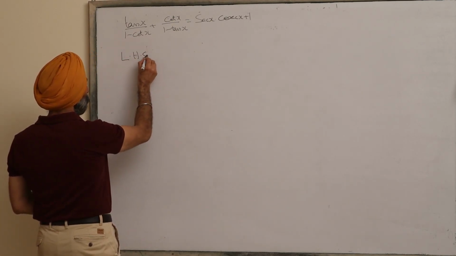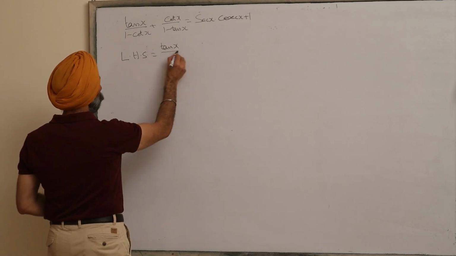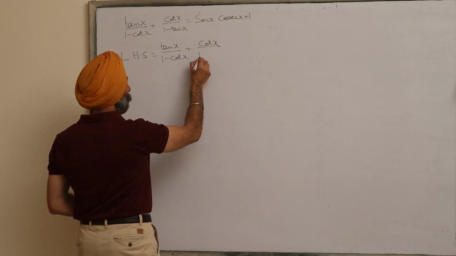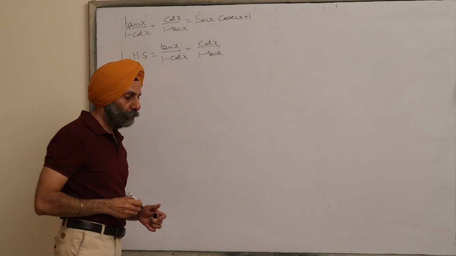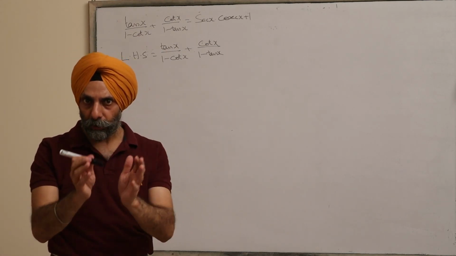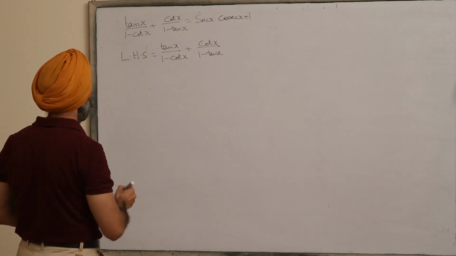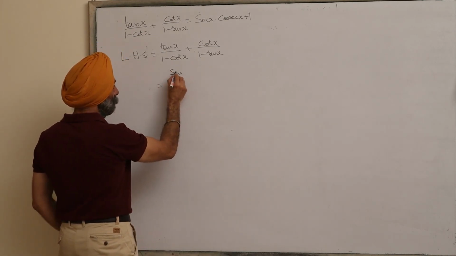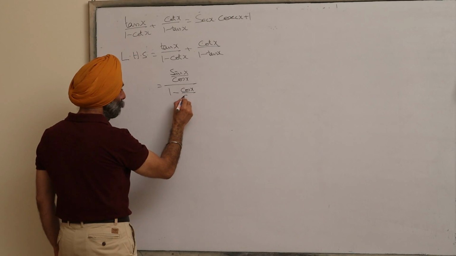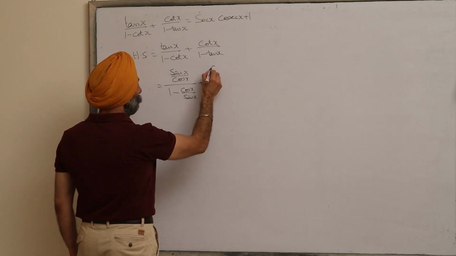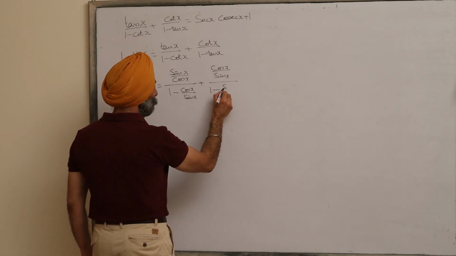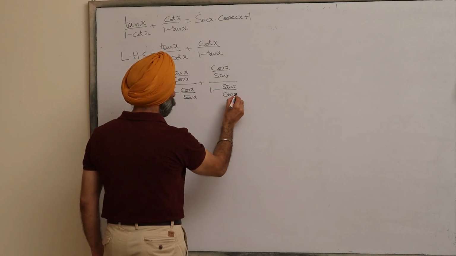So what is the left hand side? It is tan x upon 1 minus cot x plus cot x upon 1 minus tan x. So we will convert all these terms in terms of sine and cos. Now, because tan x is sin x upon cos x, we get sin x upon cos x over 1 minus cos x upon sin x, plus cot x is cos x upon sin x over 1 minus tan x, which is sin x upon cos x.